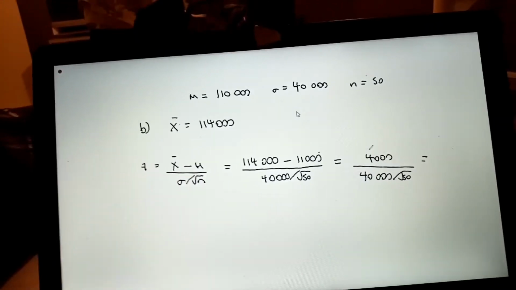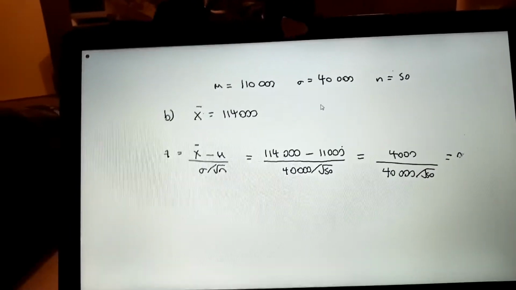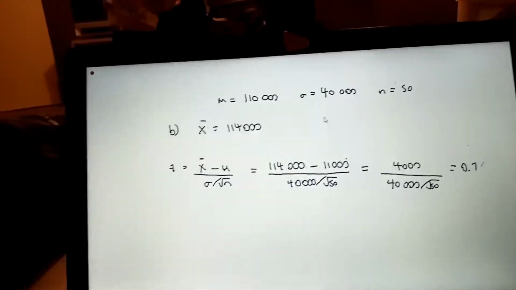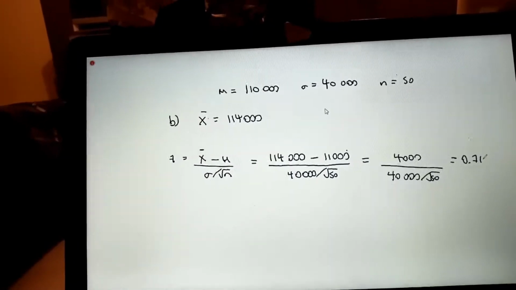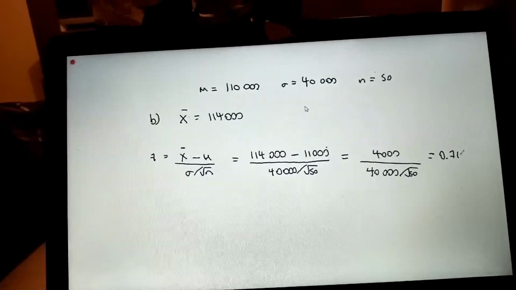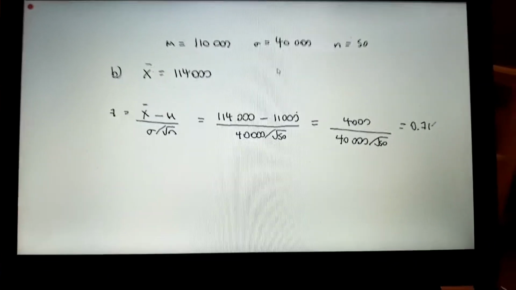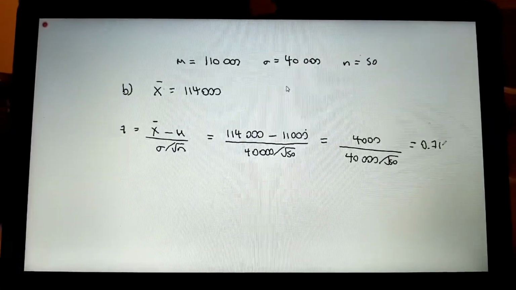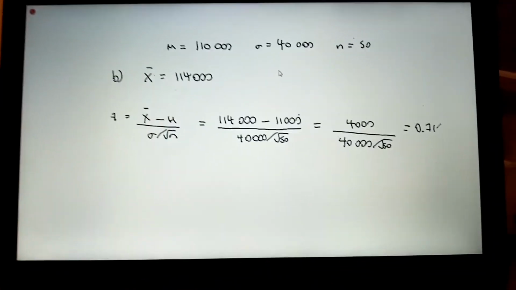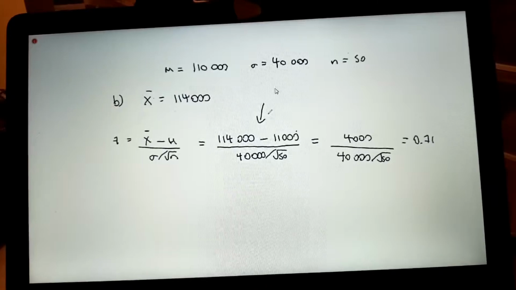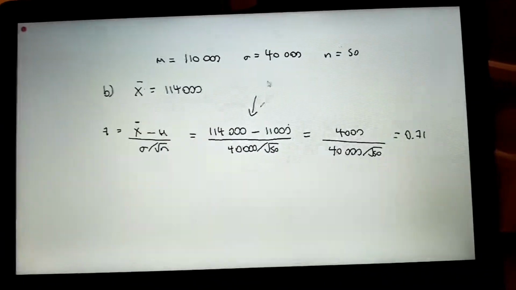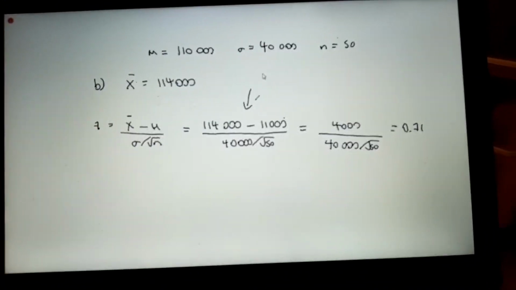Is it going to be automatic? And you should get, in this case, 0.71 rounded. So everyone try that on their calculator and make sure that you get the correct value. Try not to put in the entire thing in your calculator, because if you put this whole thing in and you forget to hit equals on the top, you won't get the right answer.